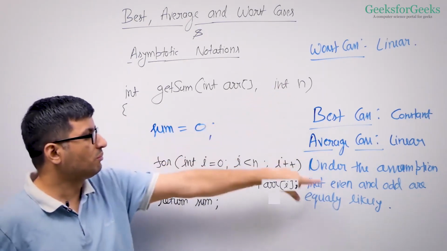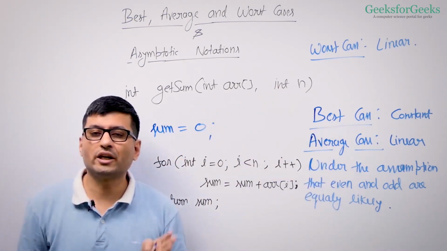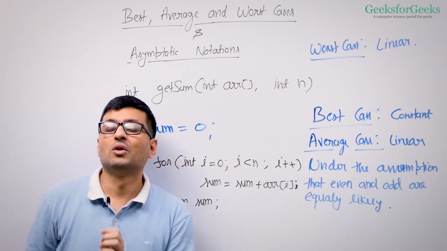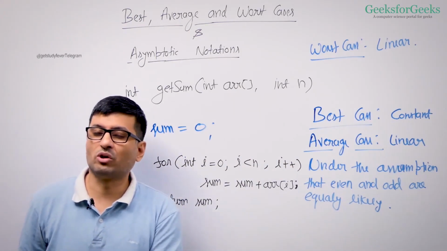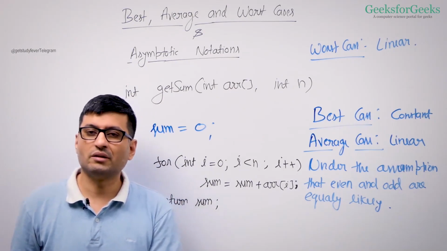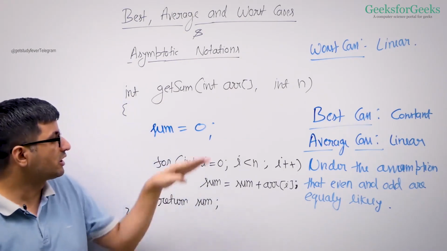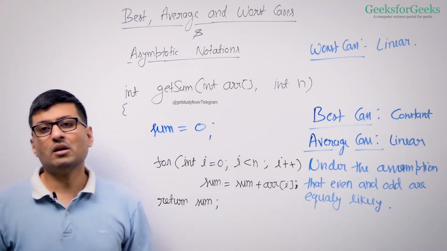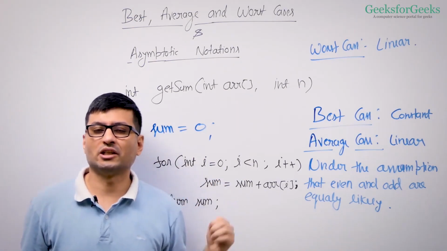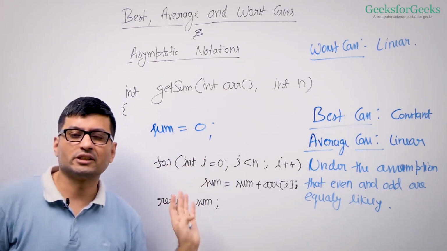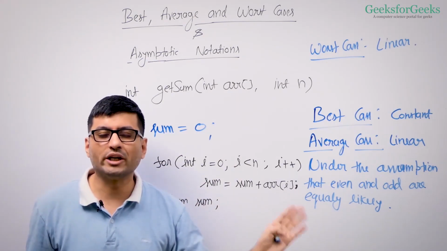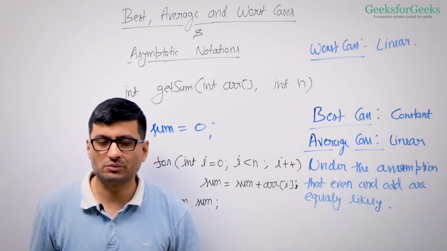We do not have to mention any particular case. There are examples of algorithms which always have the same order of growth in all cases. Merge sort is an example. This sum is an example. Minimum of an array is an example. Maximum of an array is an example. You will have to traverse through the whole array to find the minimum and maximum also.